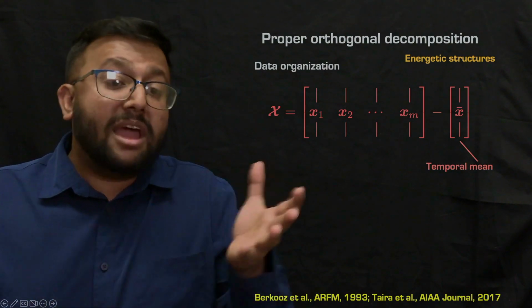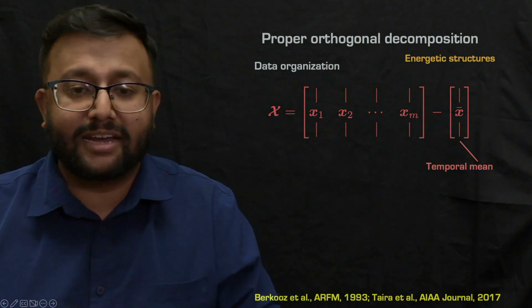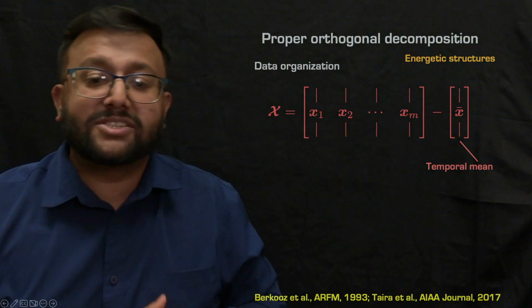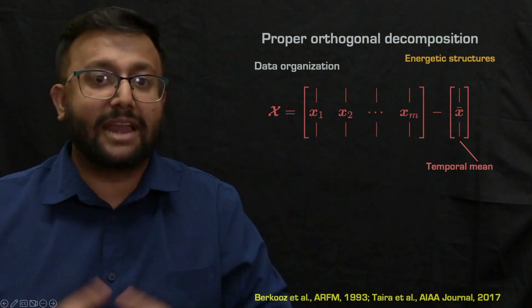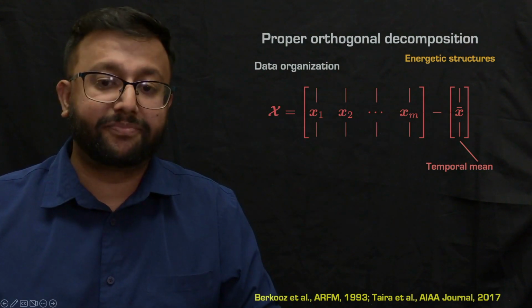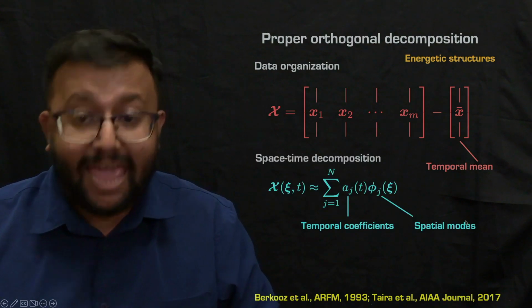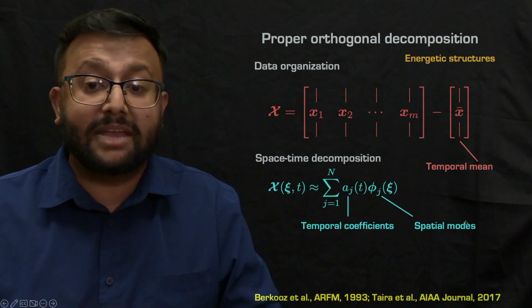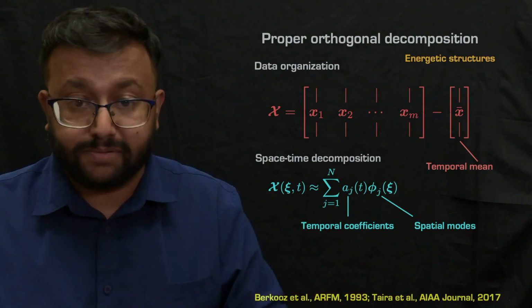So what I'm referring to as mathcal X here, which henceforth I'm just going to refer to as X, is the original stacked matrix X minus the time averaged snapshot from your different realizations in your flow. So once you do that, you have this new stacked matrix X, and with it you can perform modal decomposition.